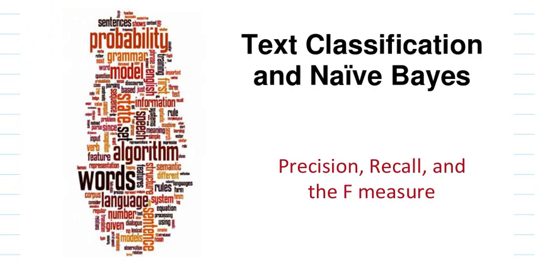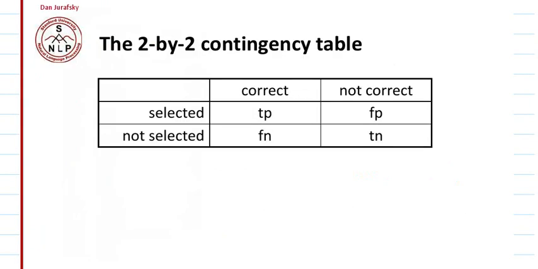Now let's see how we evaluate a text classification algorithm, or in general, this evaluation method will be applicable to any kind of classification algorithm. The parameters that we use in evaluating a machine learning model, normally we calculate the accuracy.